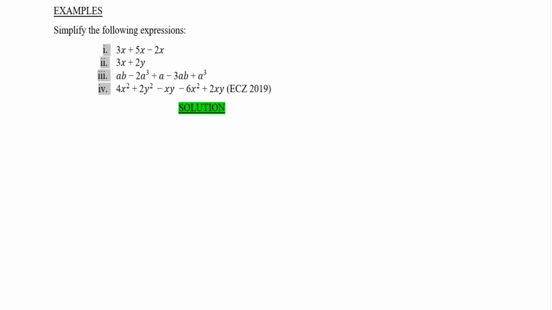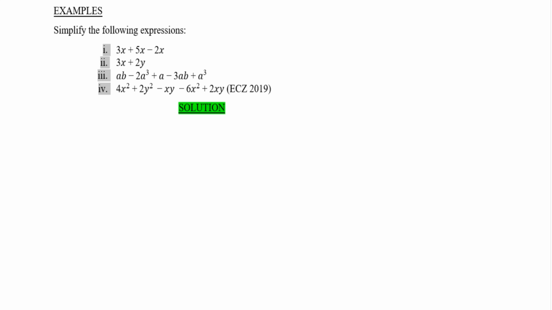We can now look at examples. We are saying simplify the following expressions. For 1, it's 3x plus 5y minus 2x. 2, we have 3x plus 2y. 3, we have ab minus 2a cubed plus a minus 3ab plus a cubed.